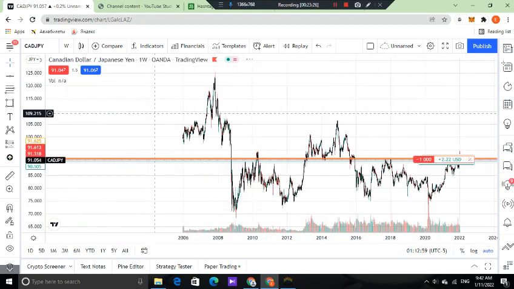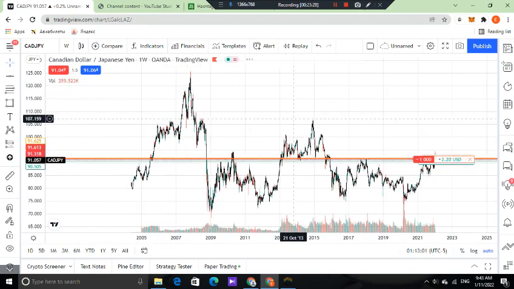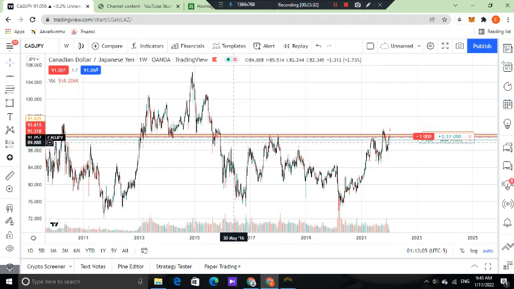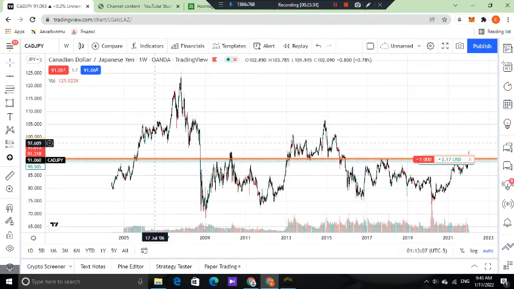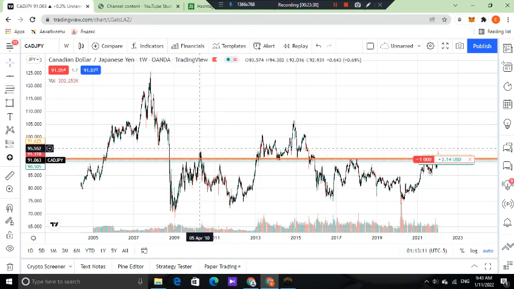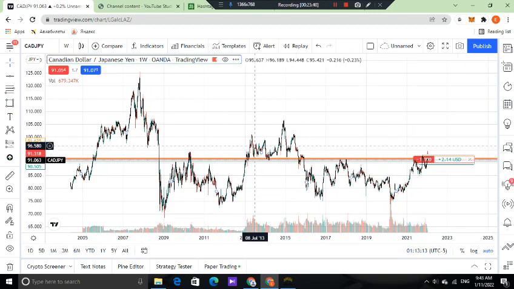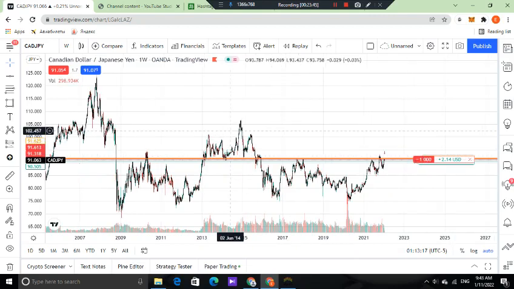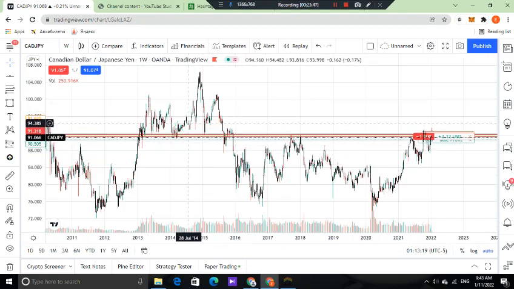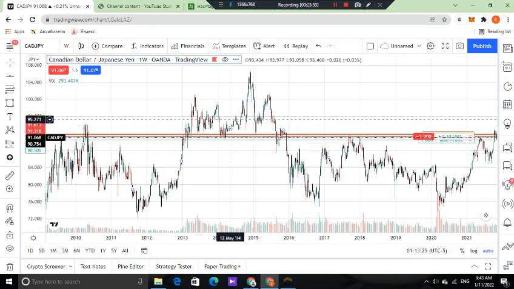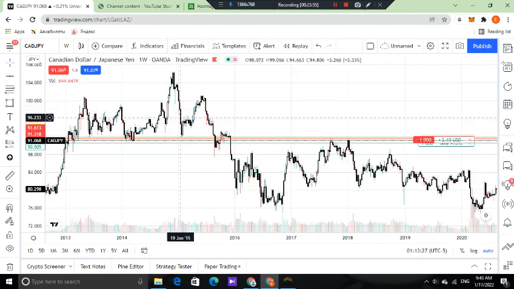Throughout the history of this pair, we had several reactions to this level. At this point it acted like a resistance. At this point, it acted like it had been acting, like a support.